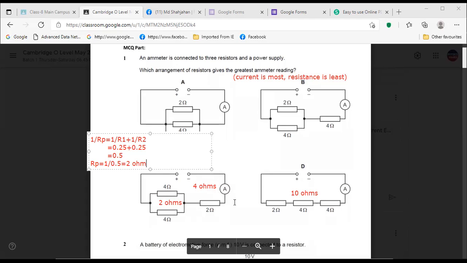Yes, sir. Now another easy technique for A. Just now we applied that two parallel resistors, they are connected together. Their combination will be 2 ohms, right? You see 4 ohm, 4 ohm, they are in parallel. So it will be 2 ohms, right? Only these two, lower two.